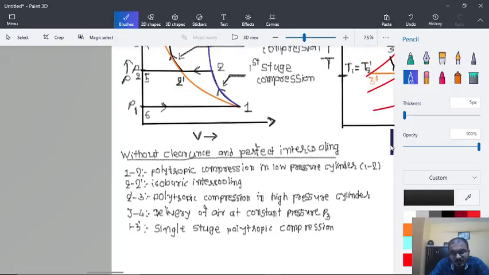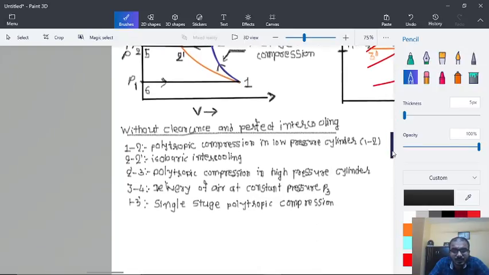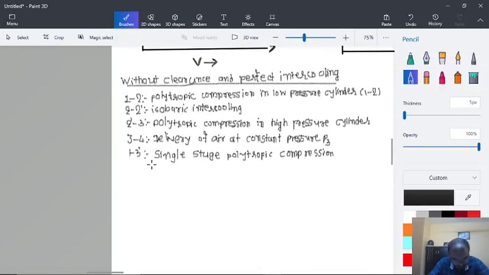And in this figure, the orange color is single stage compression, that is isothermal. So 1 to 3 double prime is single stage isothermal compression.